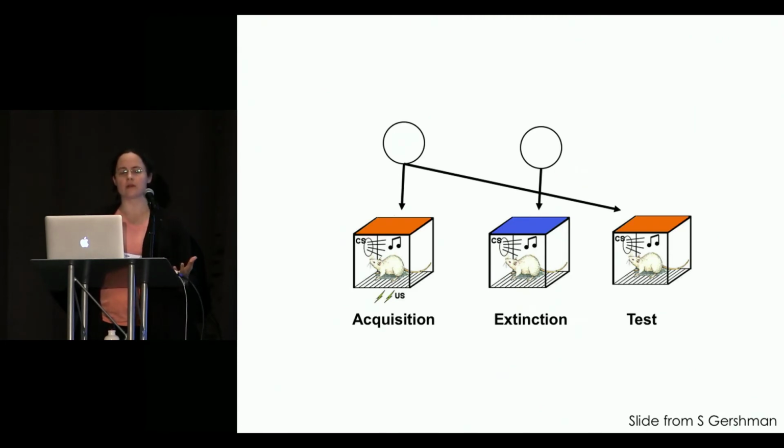And that's important because that means that if in a different box the conditioned stimulus led to the unconditioned stimulus again, that could be clustered together too, with this latent cause.